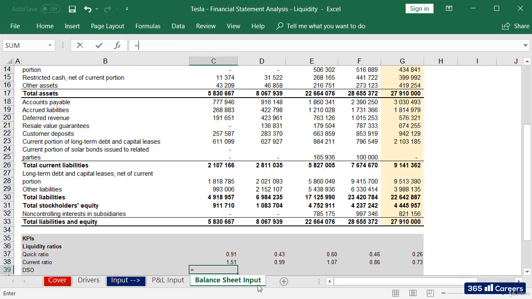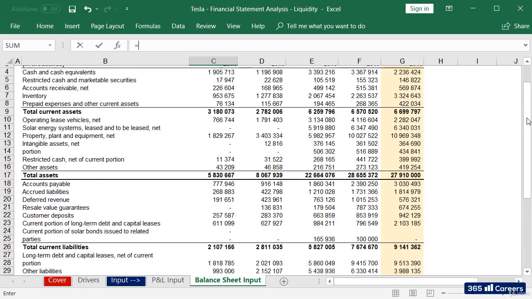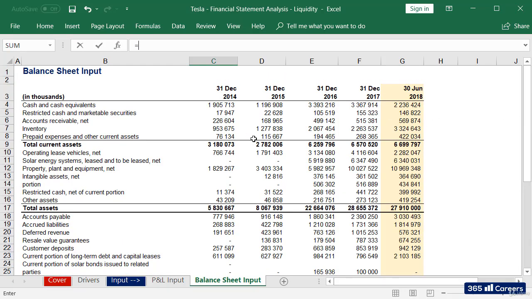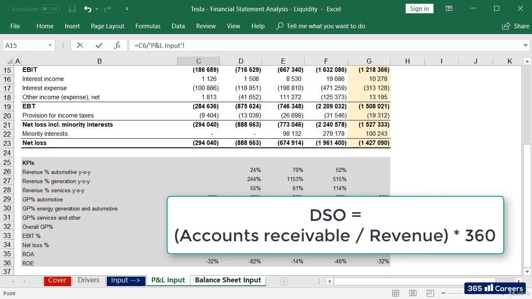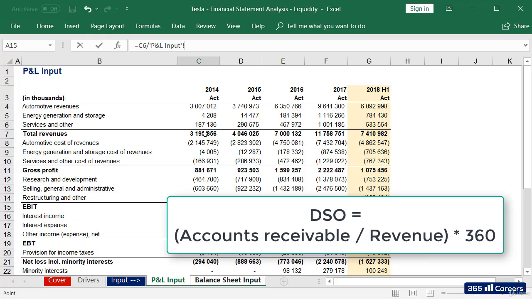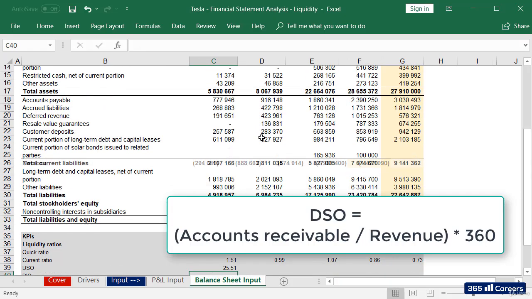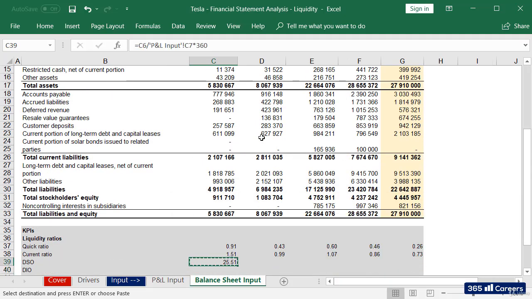Great. Let's calculate days sales outstanding and days inventory outstanding, also known as DSO and DIO. To do that, I'll divide Tesla's accounts receivable by revenue in 2014. And we'll then multiply by 360, the number of days we have in a year, minus official holidays.